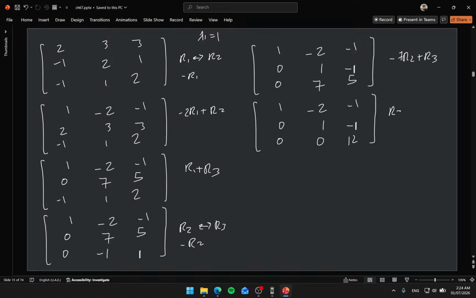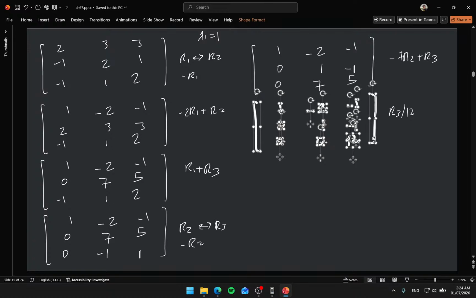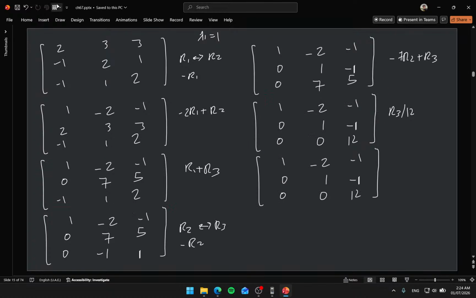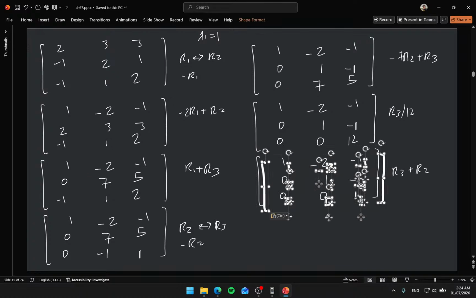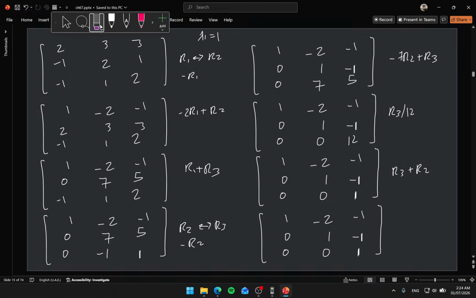Then I do row 3 divided by 12, so that's 1. Then I do row 3 plus row 2, so that will give me 0 here. And lastly 2 row 2 plus row 1.